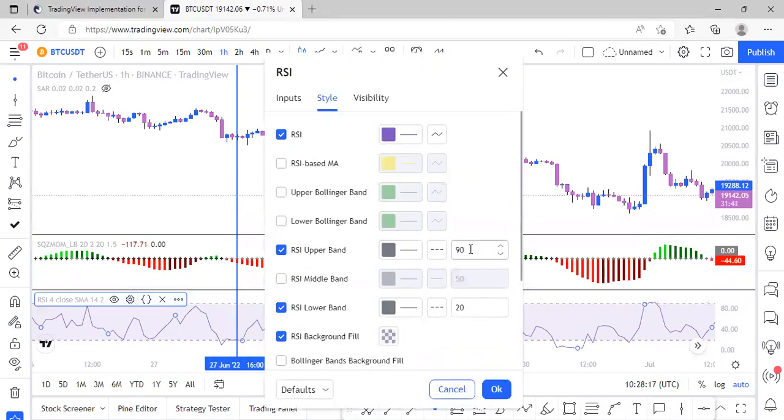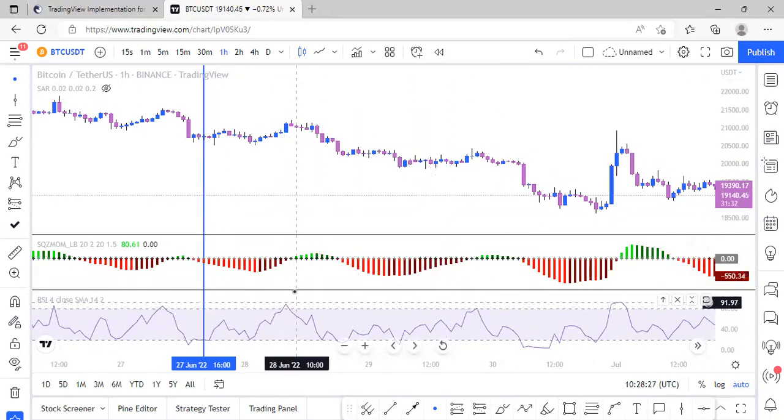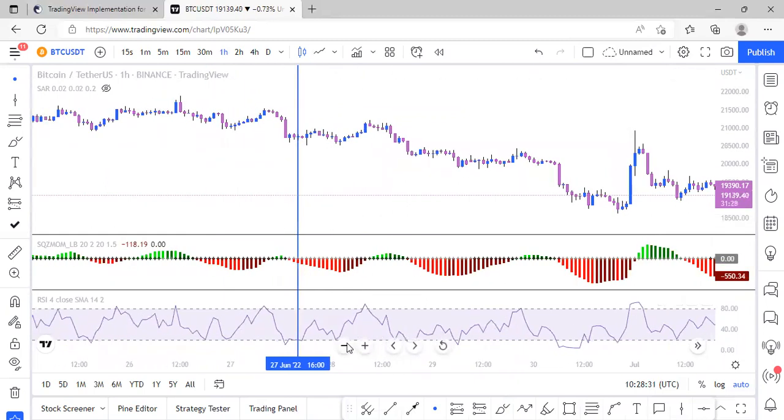Or we can use 18 because mine was set at 70. Then let's save as default, so that I could have some more space. So anytime RSI gets to the 80 level, it's indicative of what? A point of interest.